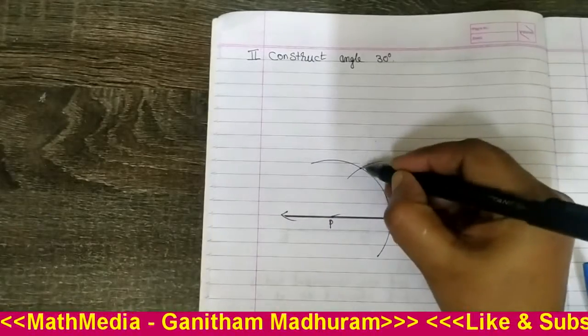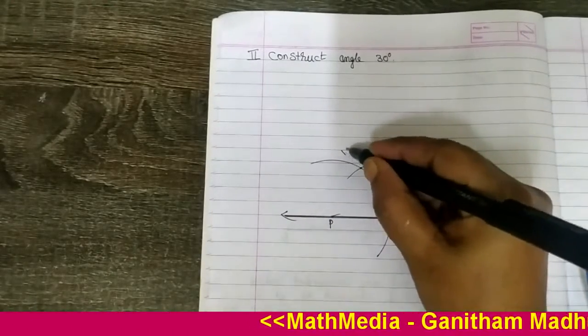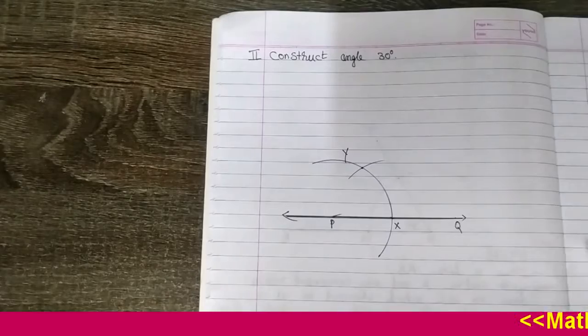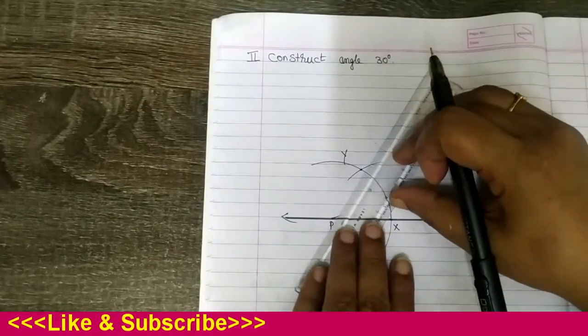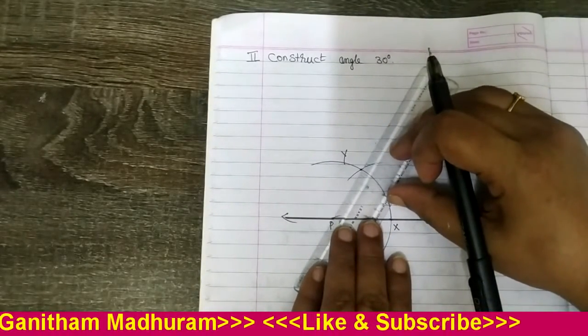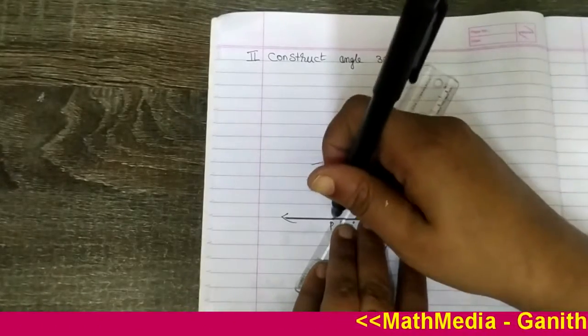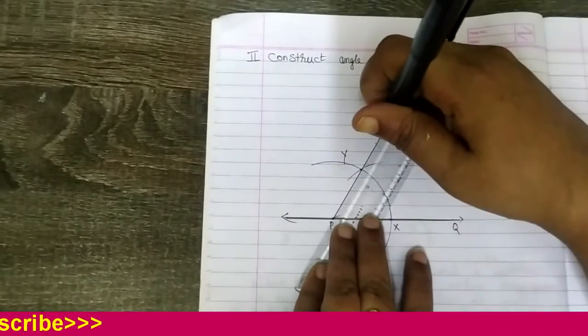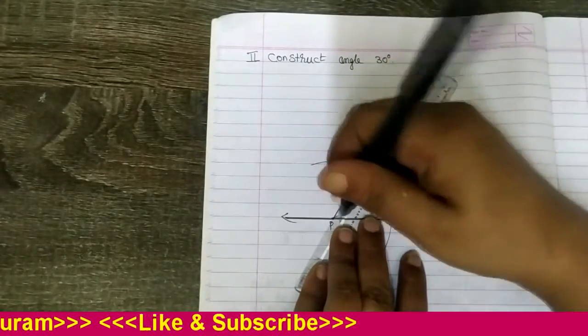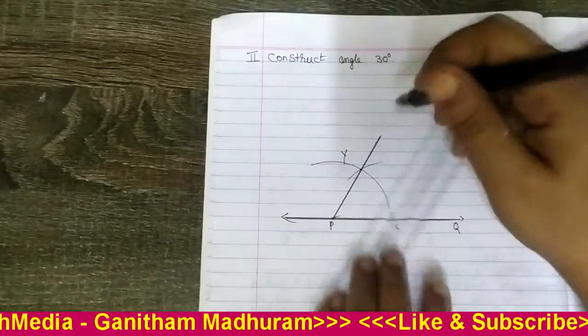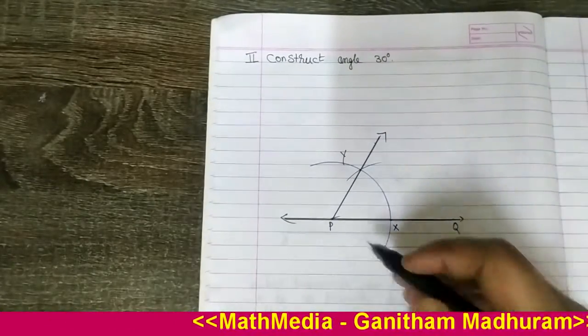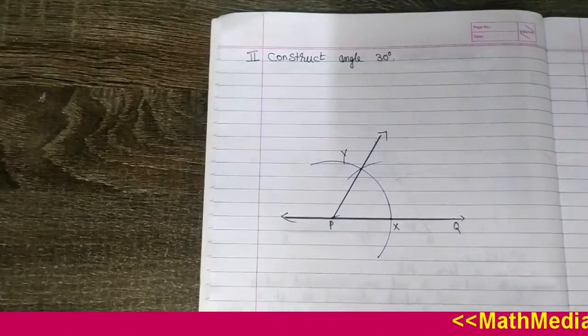You can mark it as Y. Now join PY. This is the 60 degree angle we made.